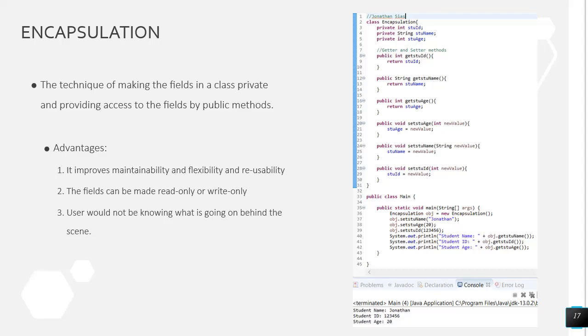They cannot be accessed directly by the user. These fields can be accessed via public methods only. That's why I have these public getter and setter methods. So the fields getName, getStudentID, getStudentAge are made hidden data fields using the encapsulation technique.